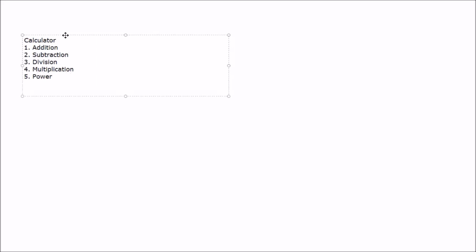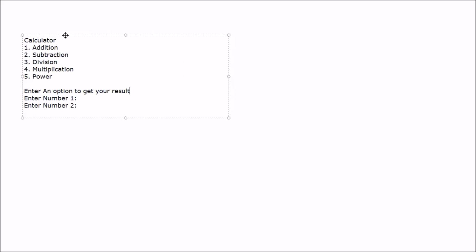After getting any of these menu options, you enter two numbers: enter number 1, enter a value, enter number 2, enter a value. So over here you also get a message to enter an option to get your result.